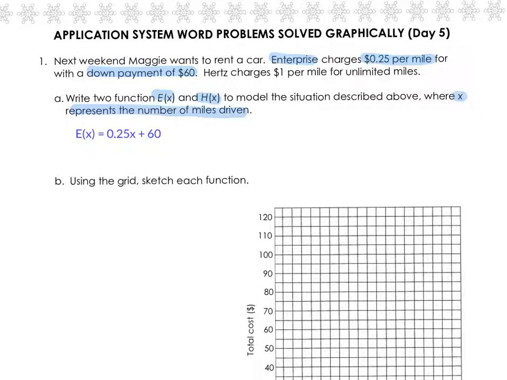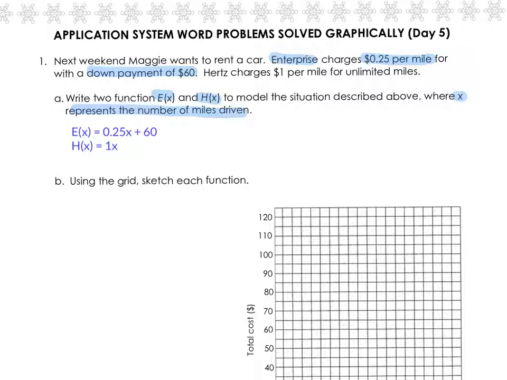So e of x equals 0.25x plus 60. Okay, that's my first one. My second one is then h of x equals 1 per mile, 1x, and there's no start fee or anything, so that's it for h of x. Okay, so those are my two equations in function notation.